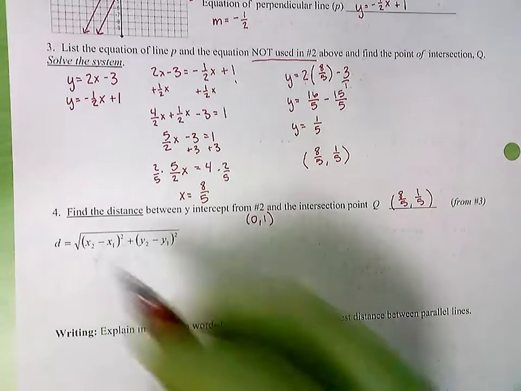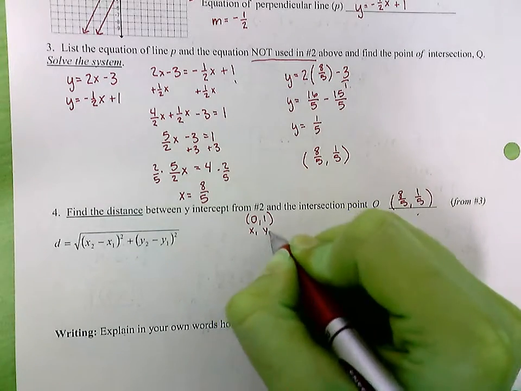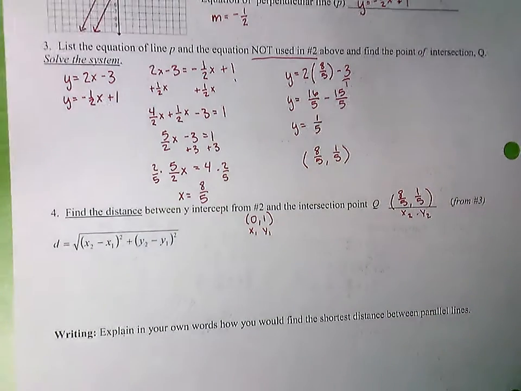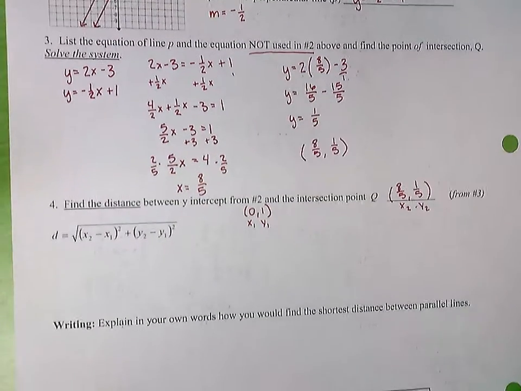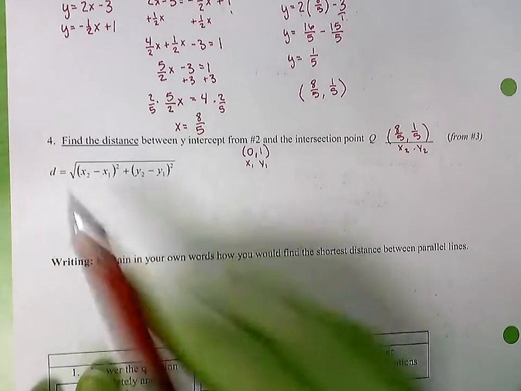Now for my distance formula, again I can label my points. We have x sub 1, y sub 1, x sub 2, y sub 2. Okay, and we just have to plug those in.